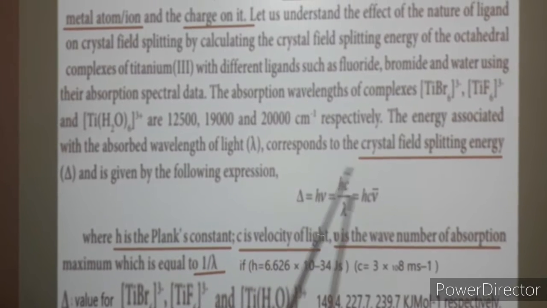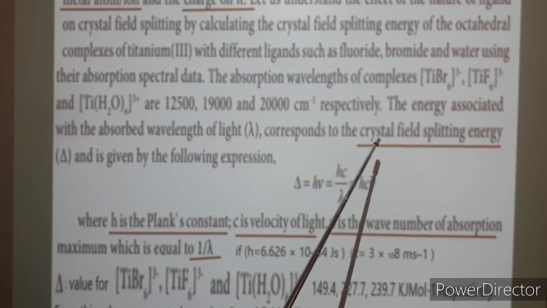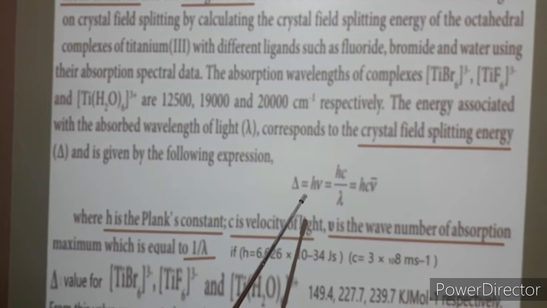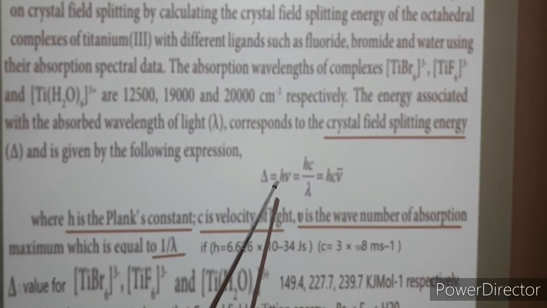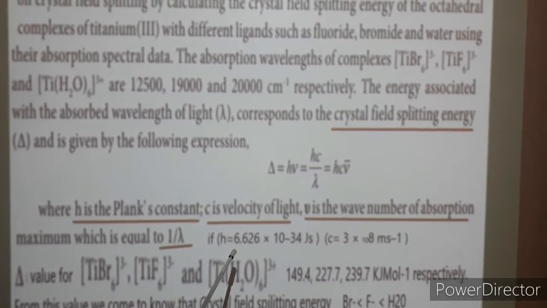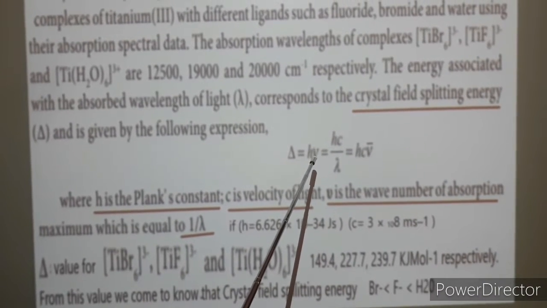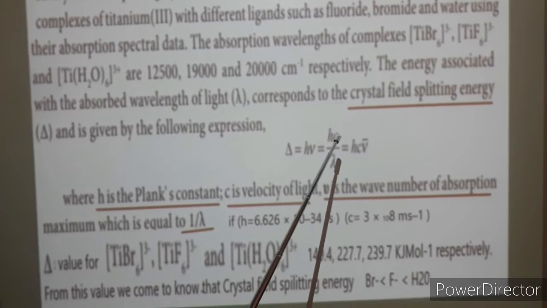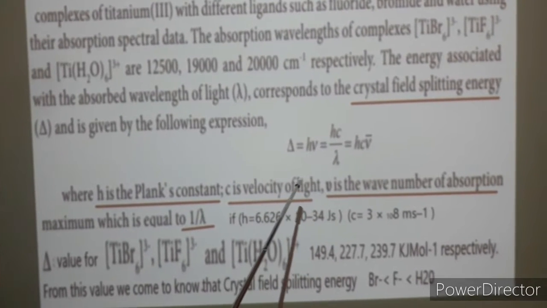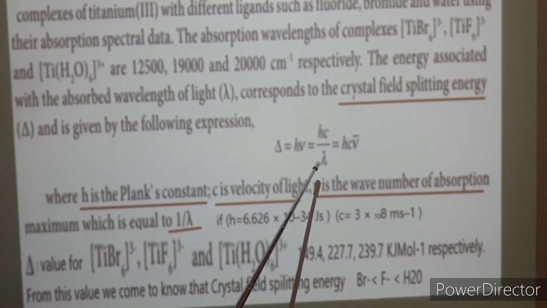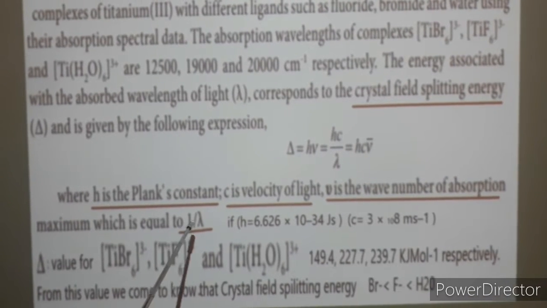The formula is given here. Delta, the crystal field splitting energy, is equal to h nu. h means Planck's constant, 6.626 into 10 power minus 34 joule second, and nu is c by lambda.